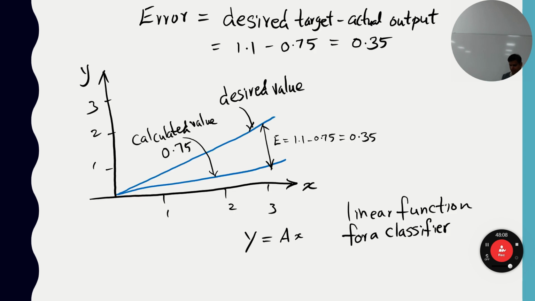With this thought, we already had an initial guess for A, which is 0.25, and we know that for the initial guess we got a wrong value for Y. The Y that we got is not suitable.